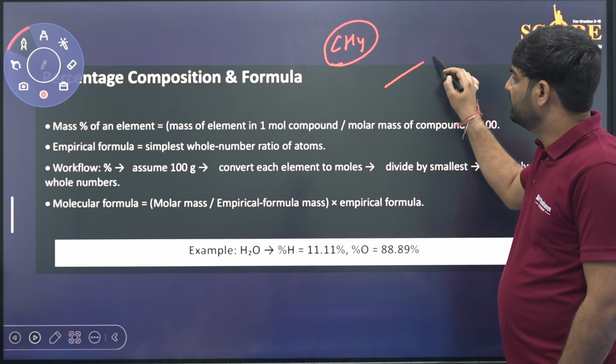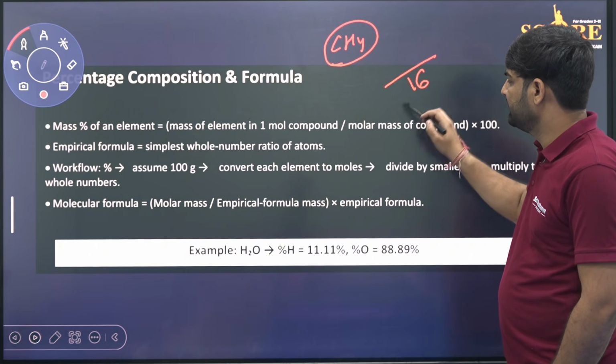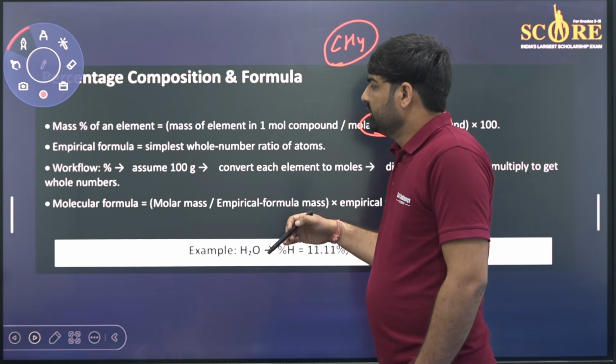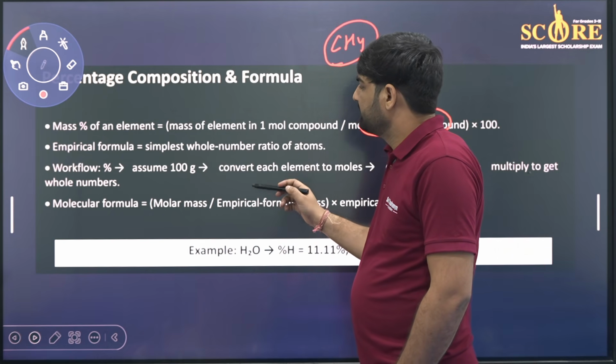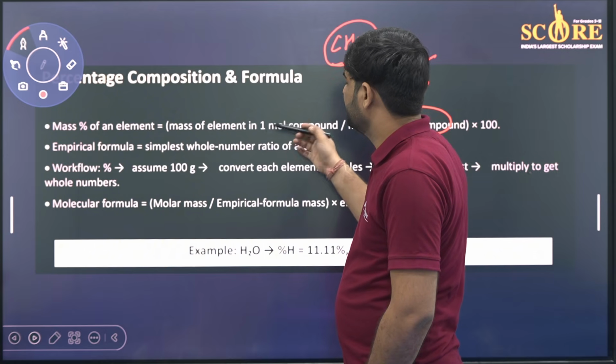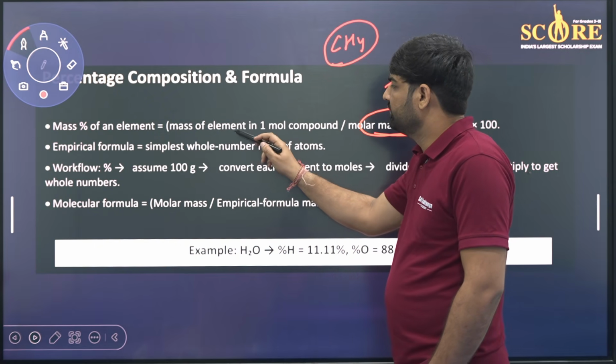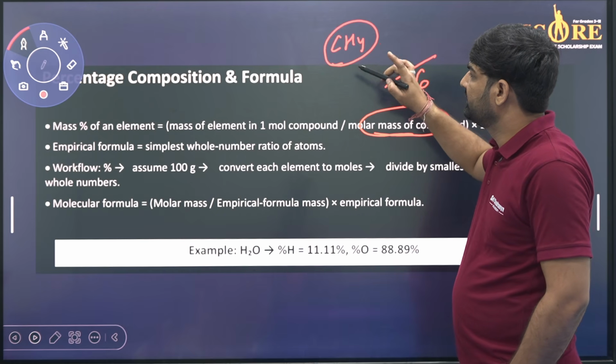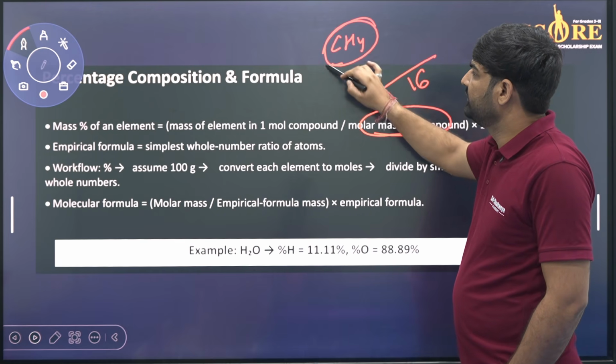So what is the molar mass of CH4? It's 16. And for which element you want to calculate percentage, if I assume carbon, you have to write mass of carbon present in 1 mole of this.